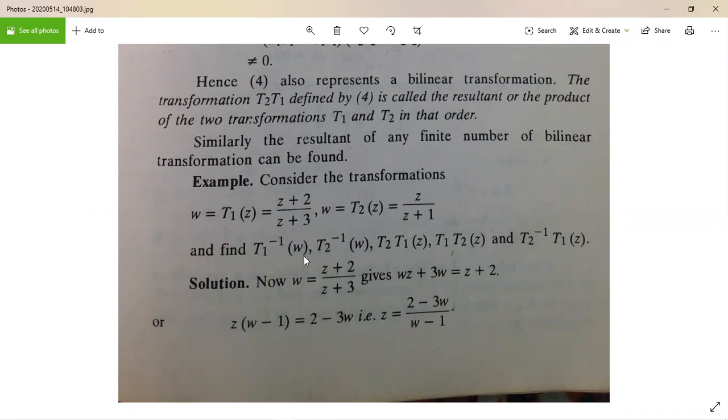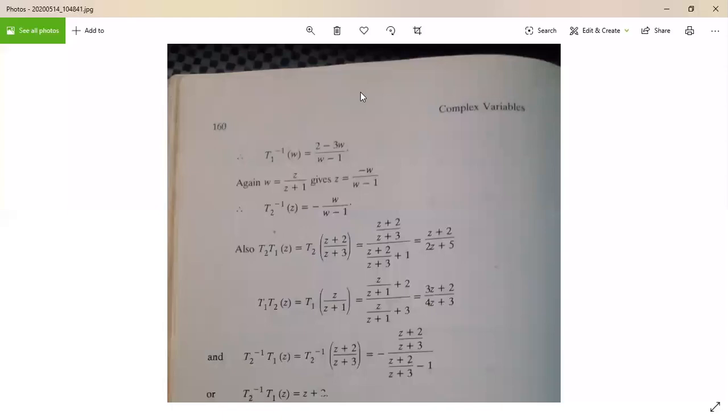Here, given omega in terms of z, we want to find z in terms of omega. Therefore, t1 inverse of omega equals (2 minus thrice omega) by (omega minus 1).